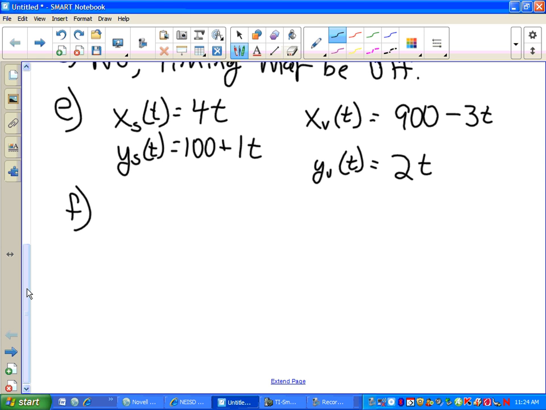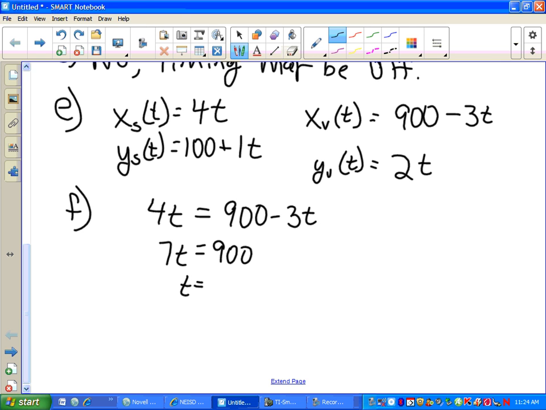So that means 4t. When does 4t equal 900 minus 3t? Well, that's 7t equals 900. So t equals 900 sevenths, which is 128.571.